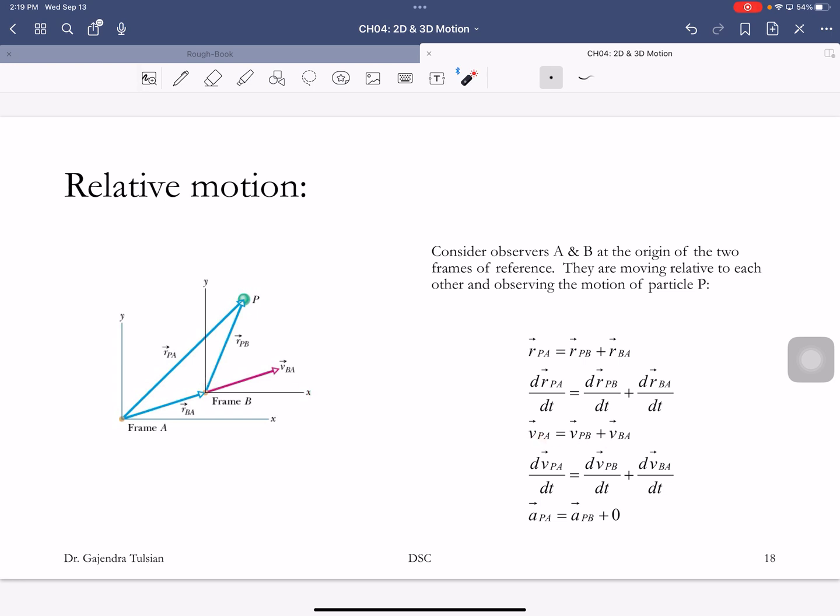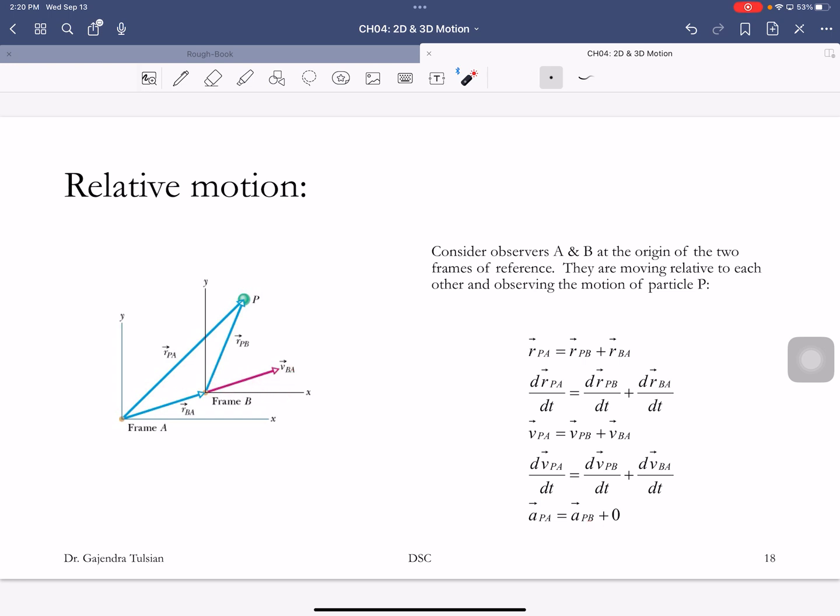So here's another equation. We'll use the hammer again. Time derivative, okay. This is the acceleration of the particle observed in this frame. That is the acceleration of the particle observed in this frame. And this was 0 because remember, this guy was moving with a constant velocity.